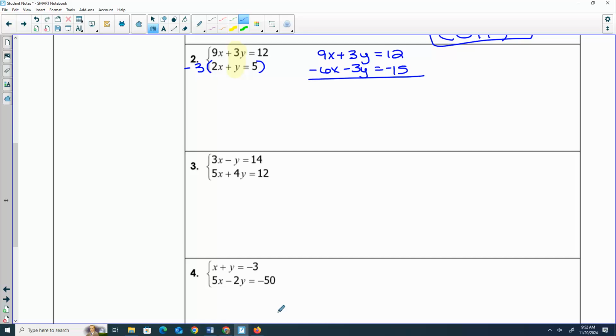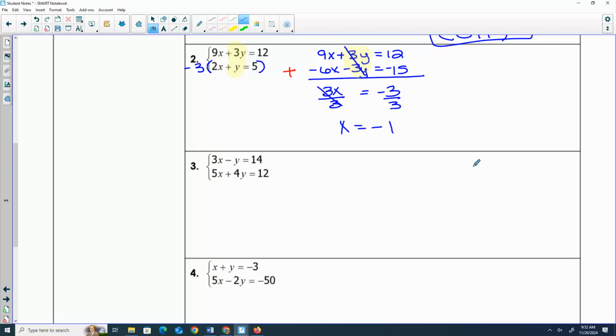Do we have opposites? Yep. So now we're going to add our equations together. So positive 9 and negative 6 is a positive 3x. The y is canceled out, equals negative 3. So we divide and we get x to be negative 1.